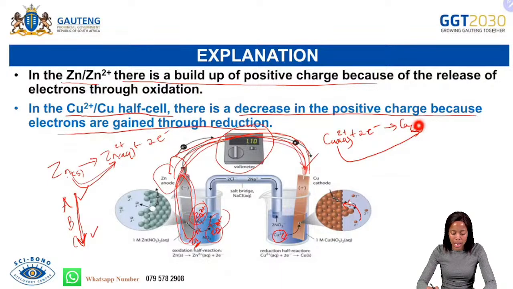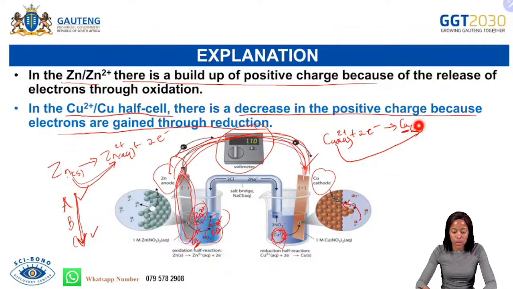Of Zn2+. And then on the right-hand side, that is in terms of the cathode, what is happening? We are saying that the Cu2+ will move from the solution to the electrode. When that happens, it therefore means that we are going to have a small number of what?